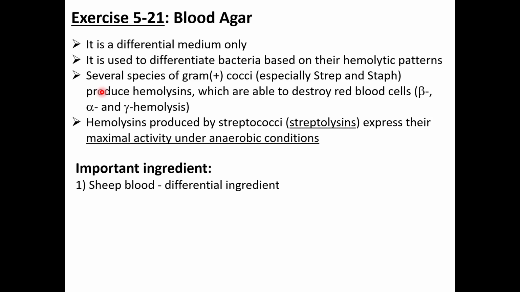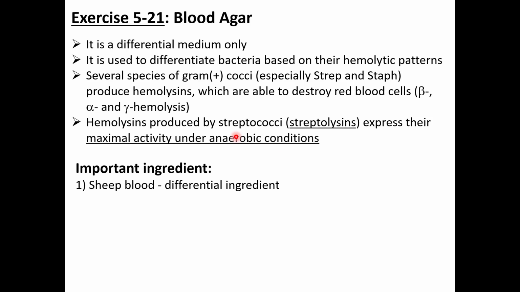Because we know there are several species of gram-positive cocci, especially strep and staph, that can actually destroy the red blood cells. So they have hemolytic patterns, and those would be beta hemolysis, alpha hemolysis, and gamma hemolysis. And there are certain species of streptococci that have what we call streptolysins. And the streptolysins may have a better activity if they are under anaerobic conditions.